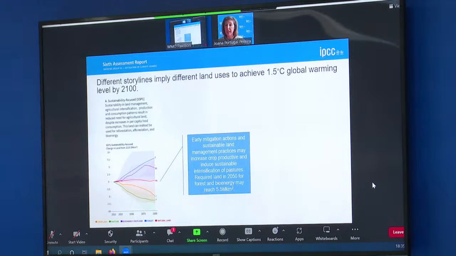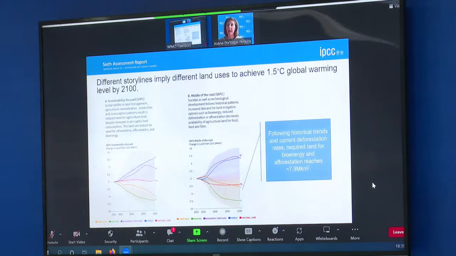square kilometers. However, following a historical trend that is represented by an SSP2, where we see a higher dependence on technological developments and an increasing demand for land mitigation options, mainly focused on bioenergy and afforestation, we actually see much higher land requirements and land use change to increase the areas for bioenergy and afforestation.